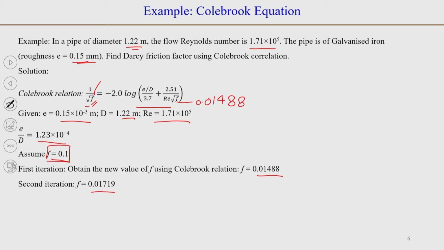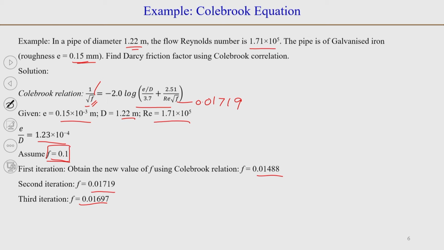Next, we substitute the new value 0.01719 here, and we do the third iteration. When we do the third iteration, the next value of f is 0.01697. If you look, the two values are already very close, 0.017.